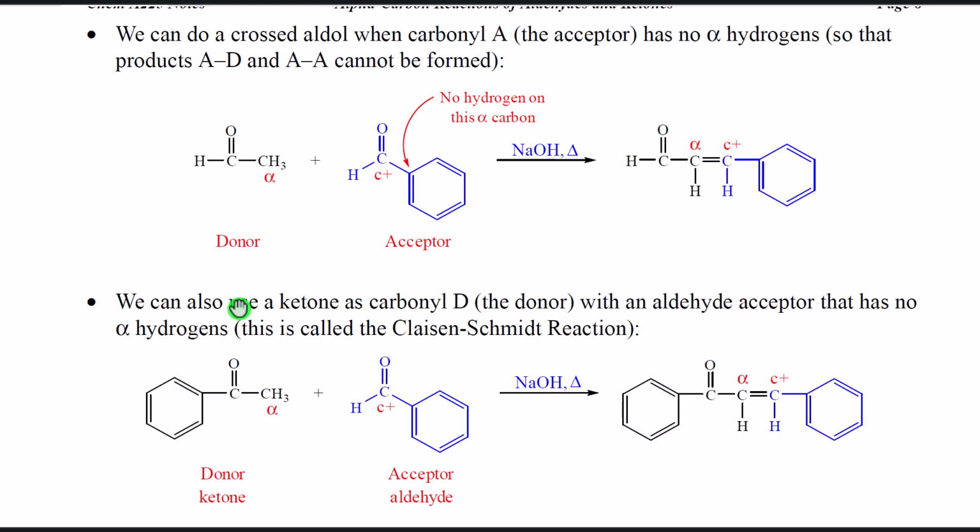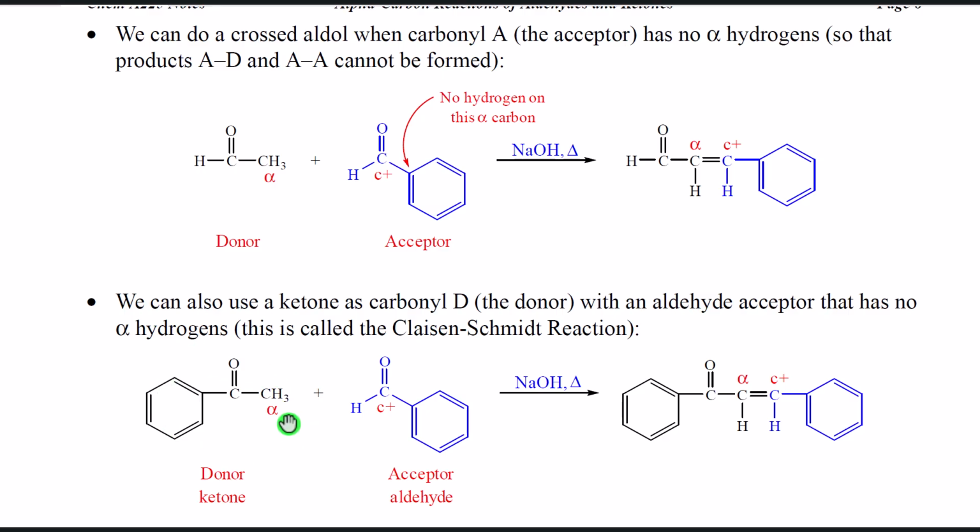We can extend this by using a ketone as the carbonyl donor, using an aldehyde acceptor that has no alpha hydrogen. In classical O-Chem, this was called the Claisen-Schmidt reaction, although in reality, it's just a modified crossed aldol. So here's an example. Here we have a donor ketone.